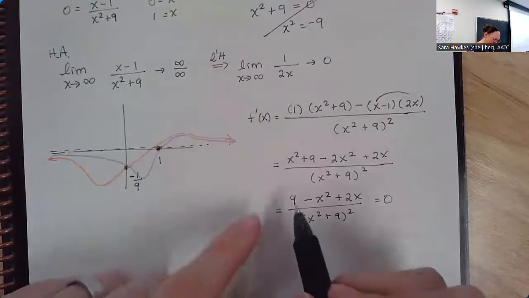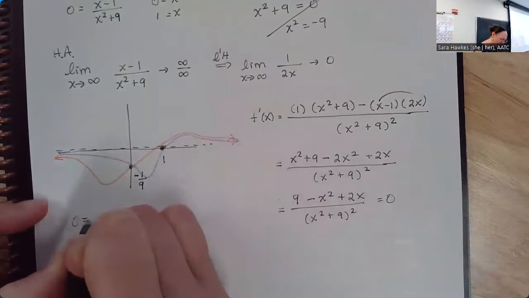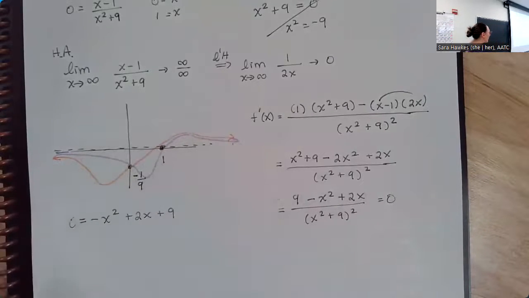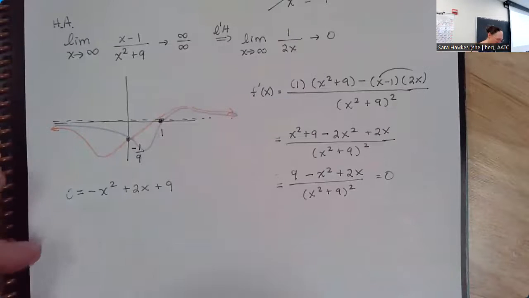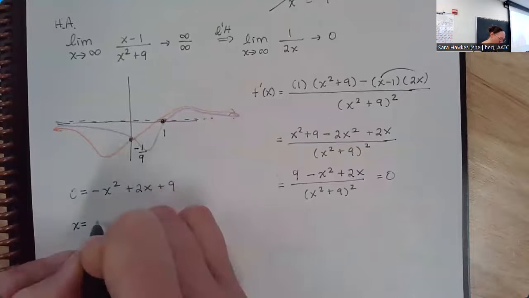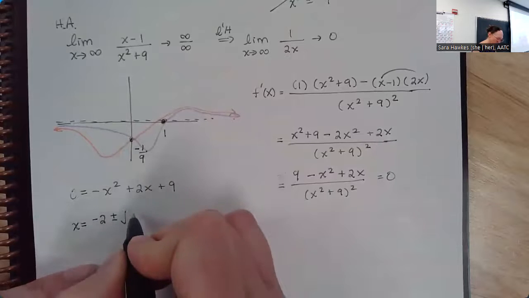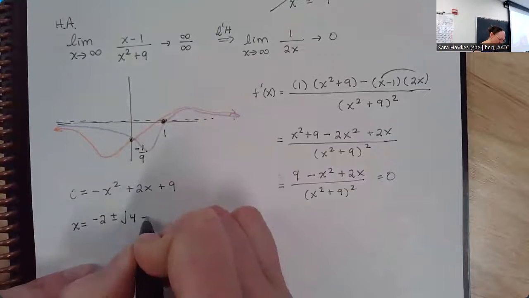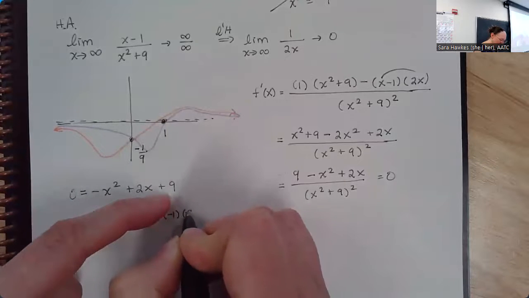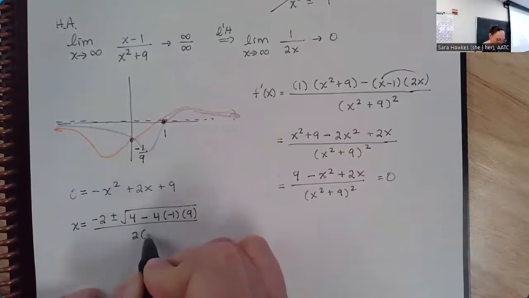So instead, I'm going to rewrite that in the order that we usually write things if we're going to do the quadratic formula. Looking at negative b, so negative 2, plus or minus the square root of b squared, so 2 squared is 4, minus 4 times a times c, all over 2a.